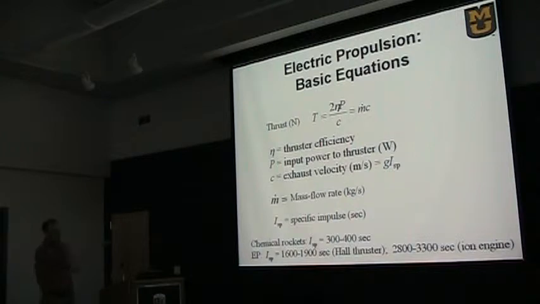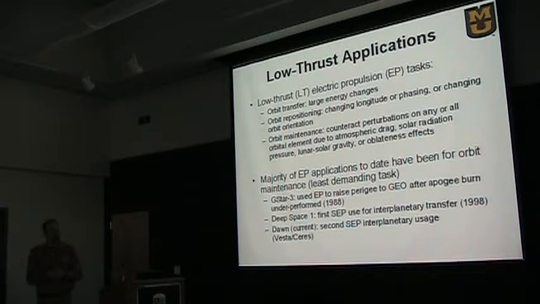At the high end, the ion engine has a specific impulse around 3,000 seconds, 10 times greater than a chemical rocket. So if I take g, Earth gravity, times Isp, the exhaust speed is 10 times higher. And that's where the efficiency comes from, the overall efficiency of these engines.